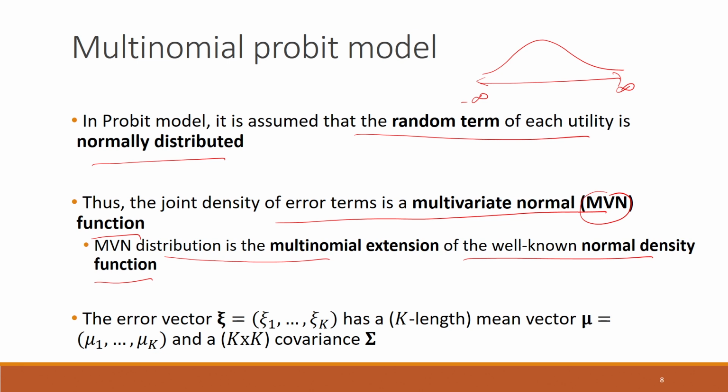So, this error vector has k components because there are k alternatives here, and therefore, since it is given by this multivariate normal distribution function, it has a mean vector bold mu that has k components, and there is a k cross k covariance matrix here.